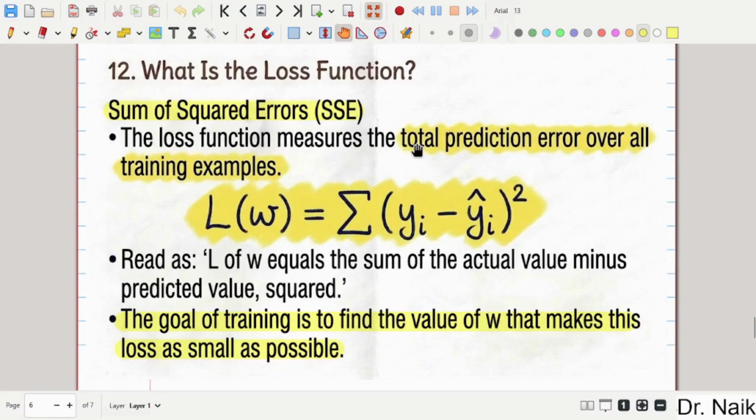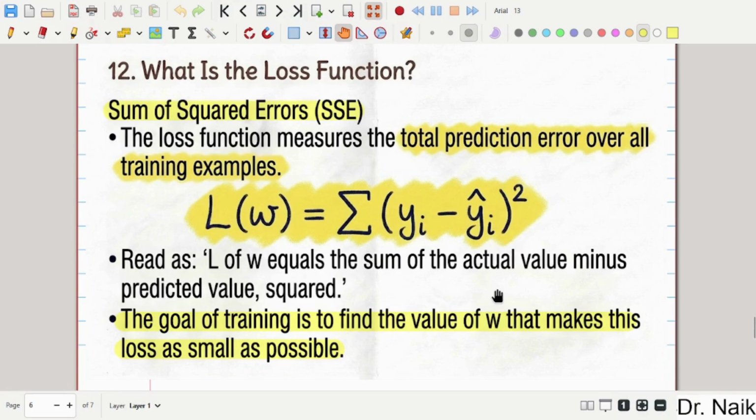What is a loss function? The loss function measures the total prediction error over all the training examples. L of W is equal to the summation of the square of yi minus y hat of i. Yi is our actual value, whereas y hat is the predicted value.